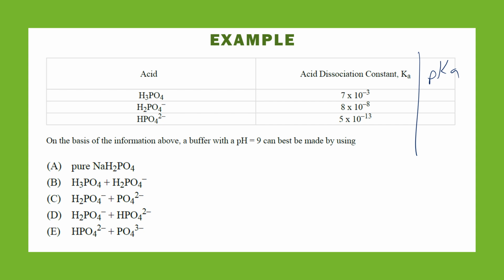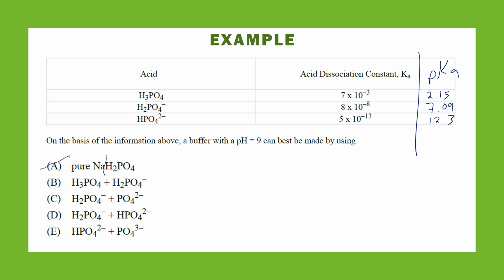When I took the negative log of each of those, I got 2.15, 7.09, and 12.3. So we don't want only the H2PO4 present.